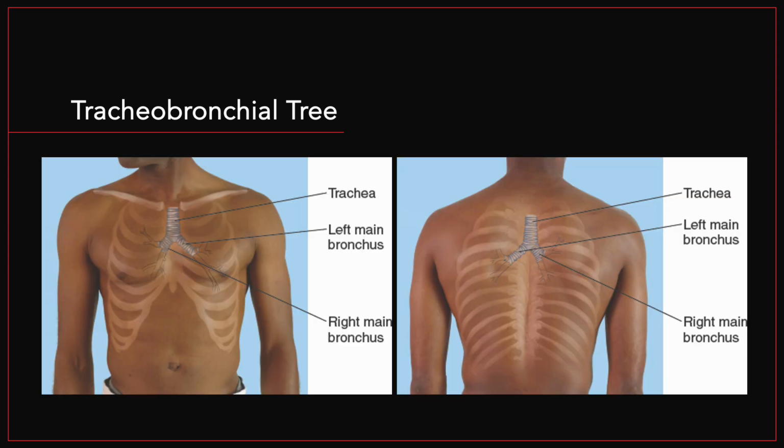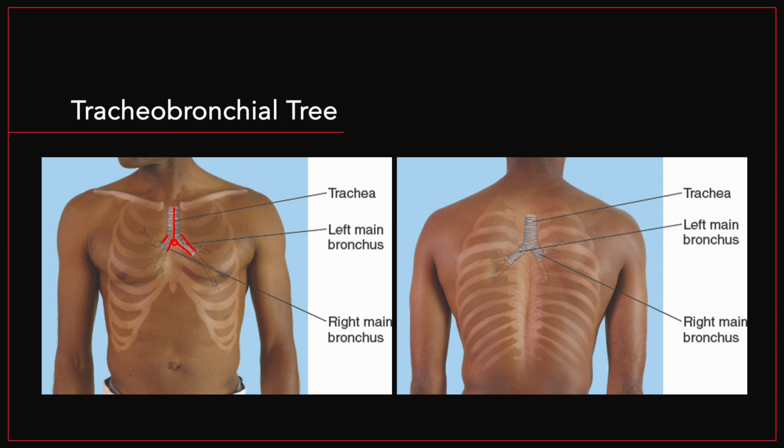All right, so this is a good illustration to show you the difference between your right and left main bronchus. If we look here, the trachea comes down, we have the carina right here, and then look how short the right main is and how steep it is. Okay, and then our left main angle is not nearly as severe and it's much longer.